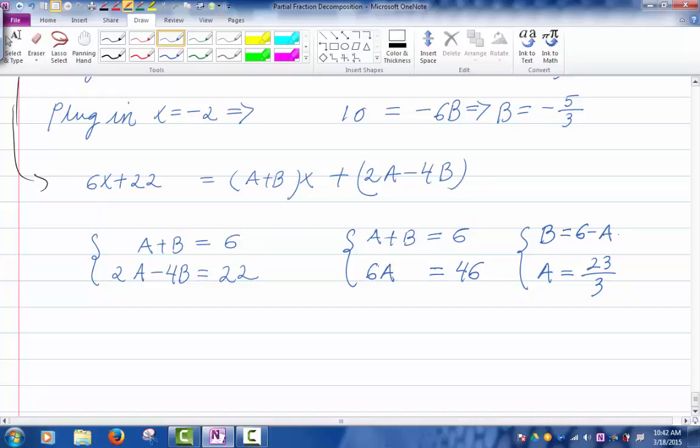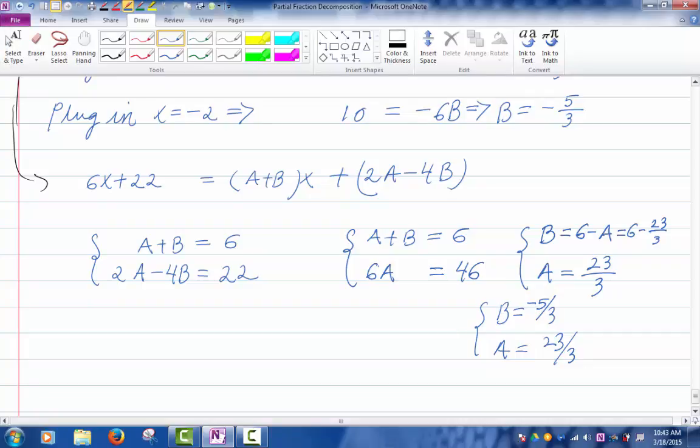And whatever a is, you plug that in. So what is that? 6 minus 23 over 3, right? So what do you get? Minus 5/3. And you get a to be 23 over 3. Am I making sense? Did that make sense?